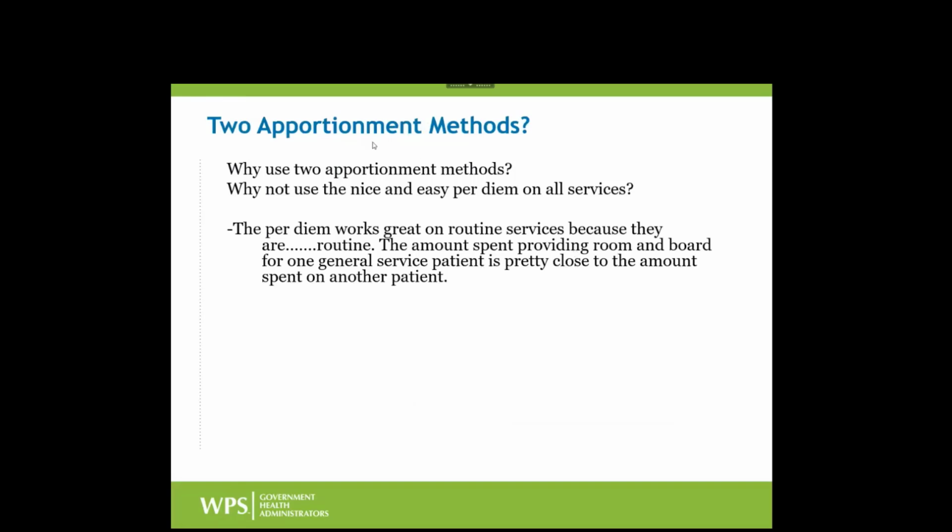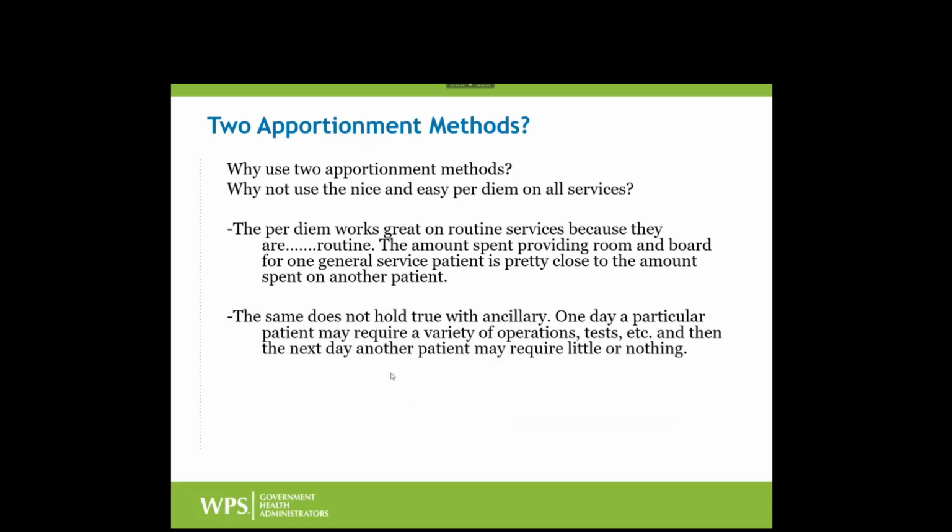So just quickly, why use two apportionment methods? Again, ancillary charges or ancillary services, you have separate charges for. That's by their nature. Routine services, you're charging for a bundle of services given on a day, just the room and board essentially. So there's just a different relationship. It makes sense to have them separately reported.